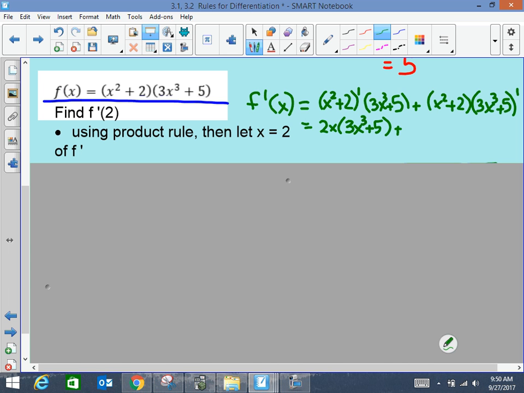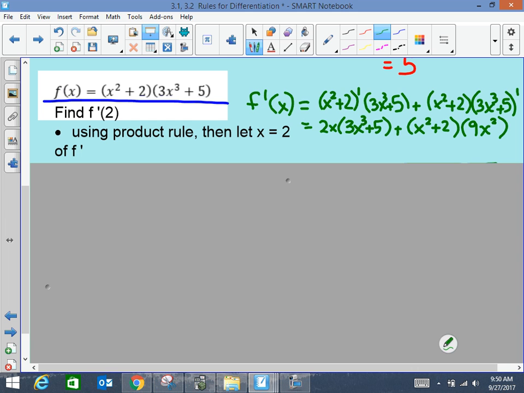All right, finish that step for me, Elaine. I got the 2x taken care of, now do the back part. X squared plus 2 times. Very good. Now we are wanting f prime of 2, so if you want to put 2 in right now, you are welcome to, or you could clean up and then put a 2 in.